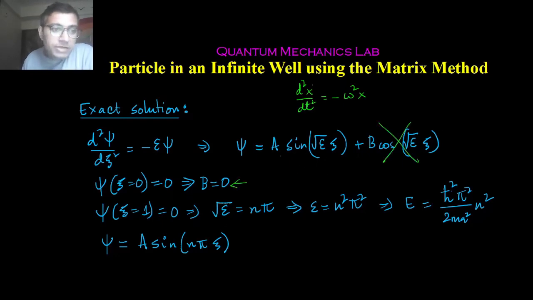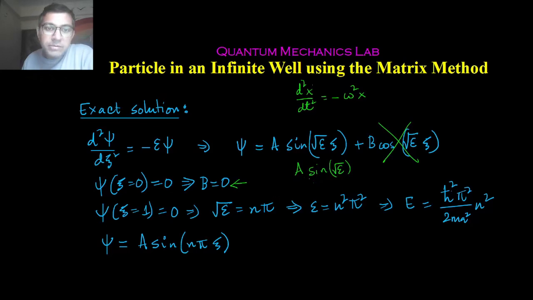Now we put in the other boundary condition, the right boundary condition, and we put xi is equal to 1, and in that case we get a sine of square root of epsilon, and this must be equal to 0.